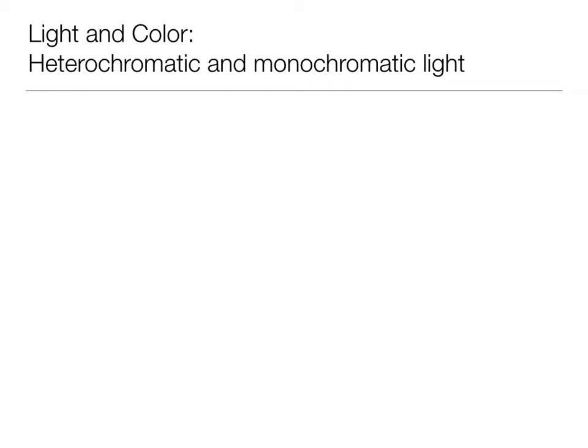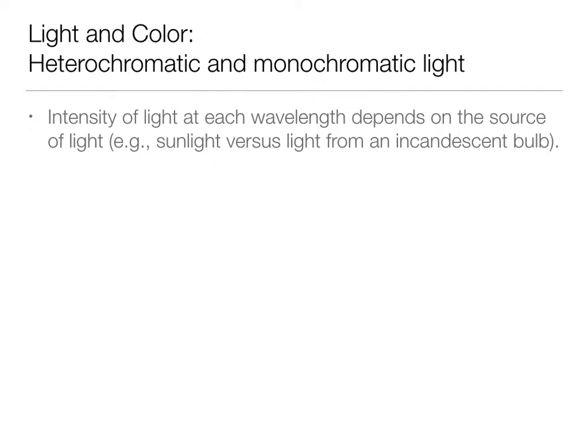There are also different kinds of light: heterochromatic and monochromatic. This is the idea that the intensity of each light depends on the source. So if we're getting light from sunlight versus an incandescent light bulb versus a CFL versus an LED, these have different kinds of light.